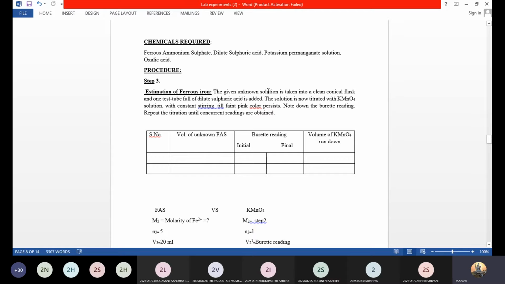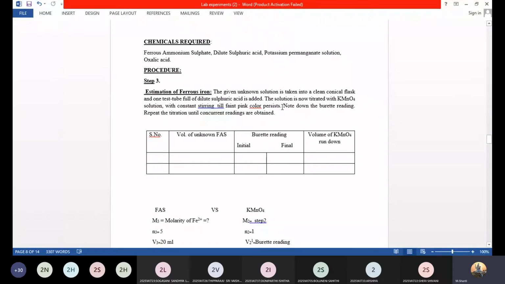Titrate with the KMnO4. But we have not added an indicator here. We have not used an indicator here. Then how can we locate the endpoint? How to get the endpoint?